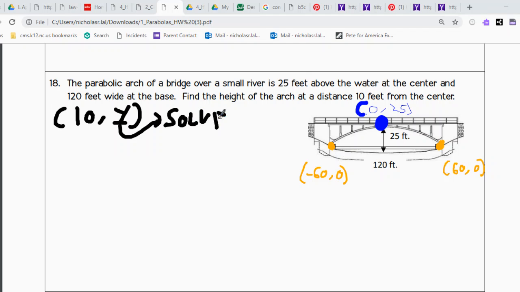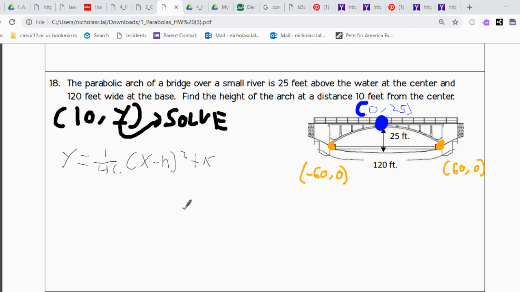If we are 10 units away from the center, we need to solve for y. So let's get our vertical parabola equation: y is equal to 1 over 4c times x minus h squared plus k.